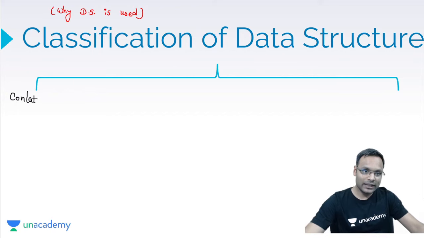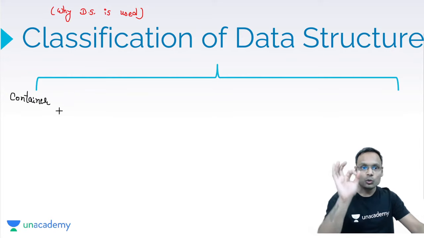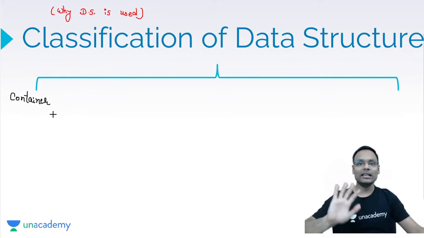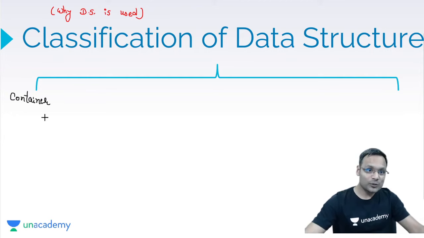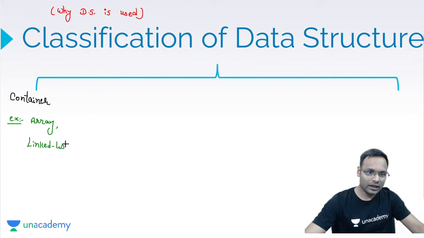These container class data structures are used only to contain the elements, only storage. That's it. In this container class we have examples like array and linked list. These two are used only to store the elements. That's it. No other specific usage.